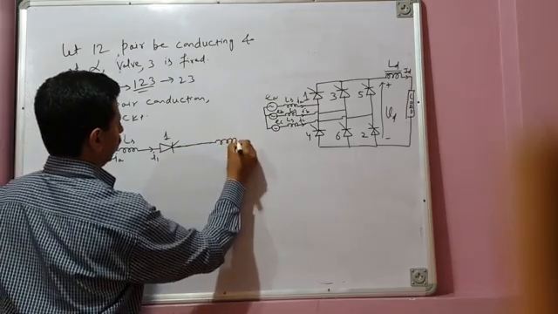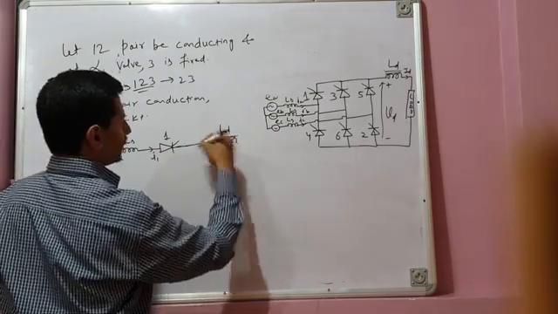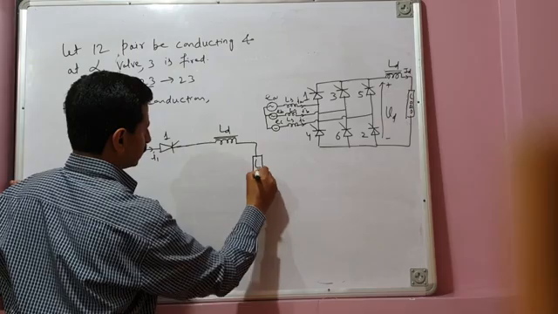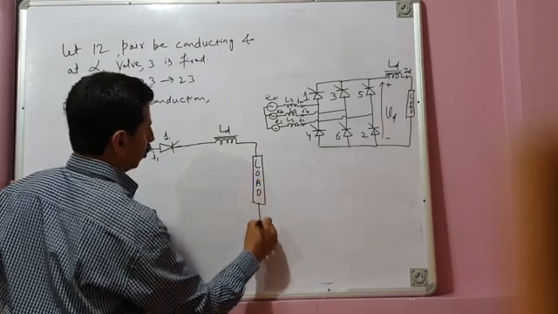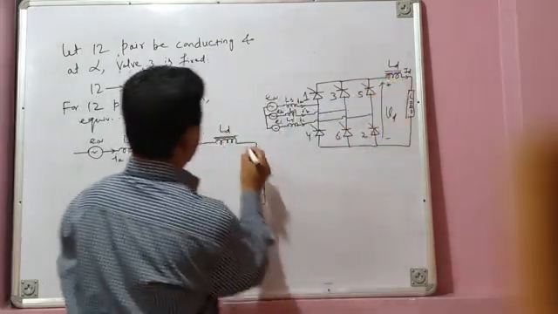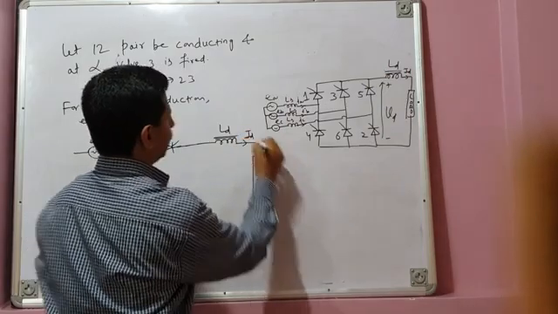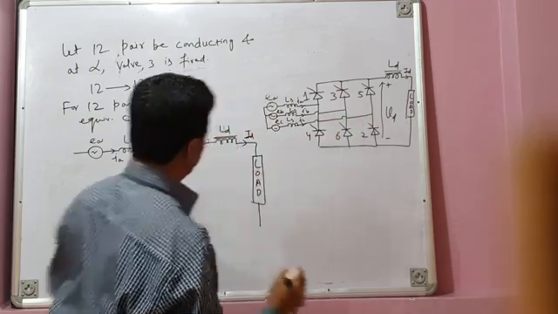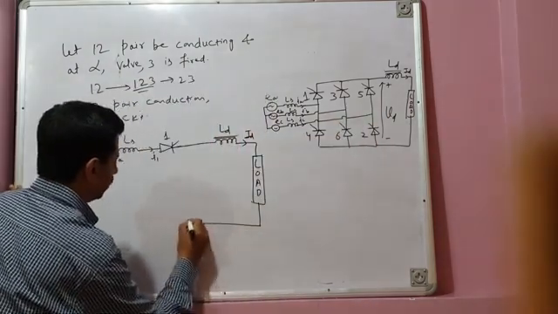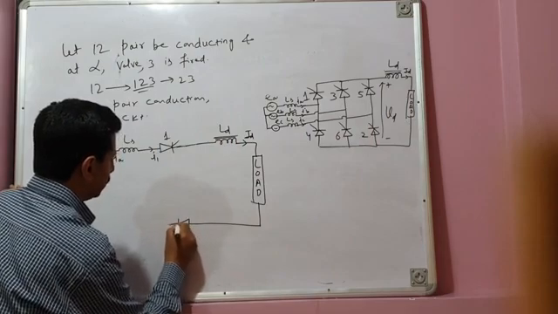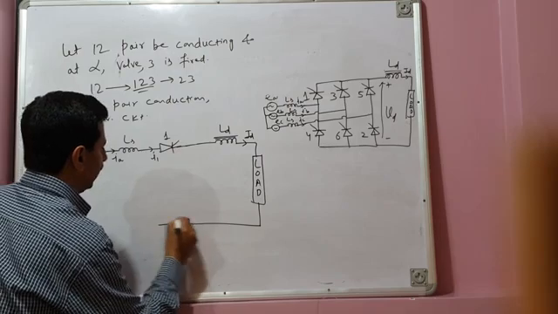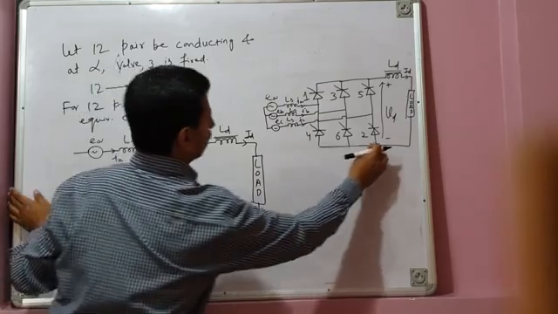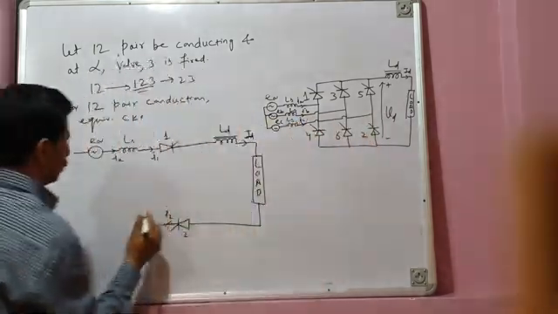This is your load inductance in series with the load, and this is your load. When current flows, current ID flows through the load, and then since 2 is conducting, the return path is provided by 2. Valve 2 is conducting and valve current I2 is flowing, and then it goes back to the source EC.